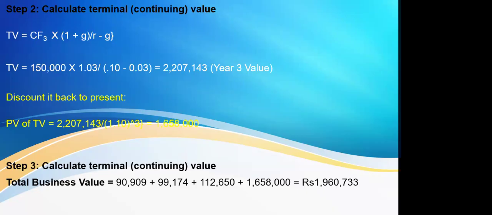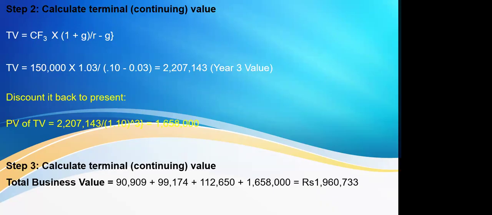But here we assume the growth rate, which is a very sensitive thing to apply, because we know that our business is growing. So definitely the business will grow, the profit will grow. If you want to calculate without growth, you just remove the G from the formula.